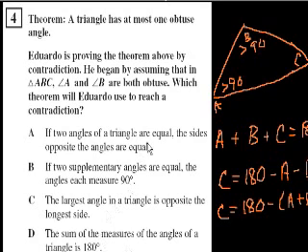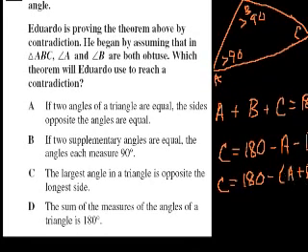Now, let me ask you a question. If we assume from the get-go, as Eduardo did, that both A and B are greater than 90 degrees, what's A plus B going to be greater than? If this is greater than 90 and that's greater than 90, then A plus B is greater than 90 plus 90, so this has to be greater than 180.